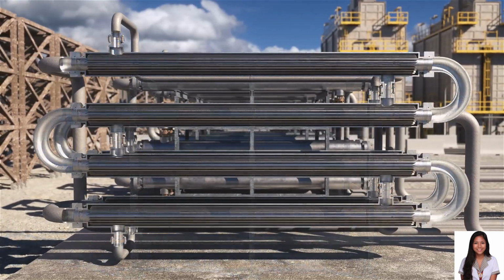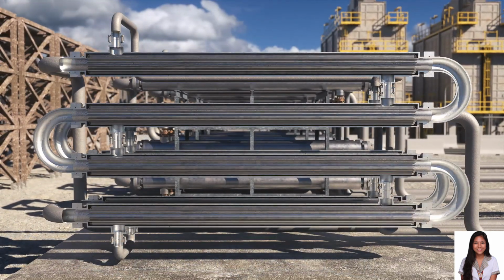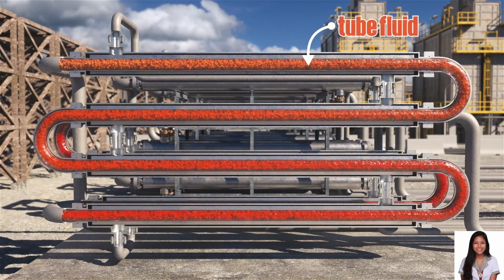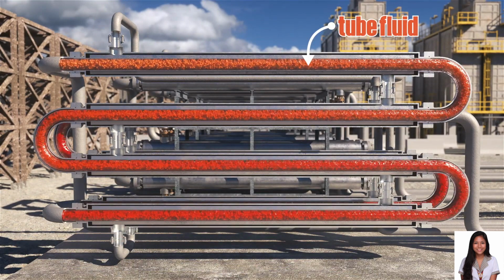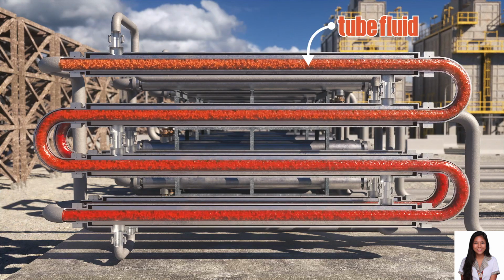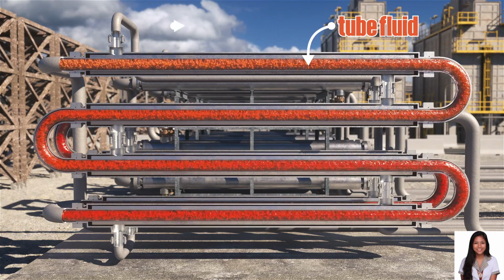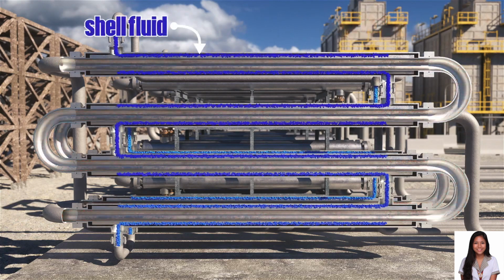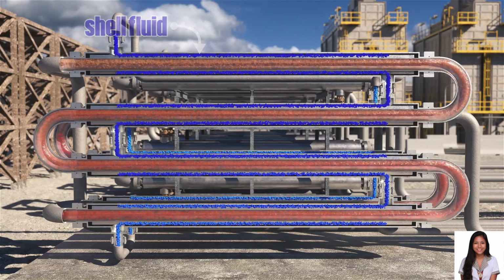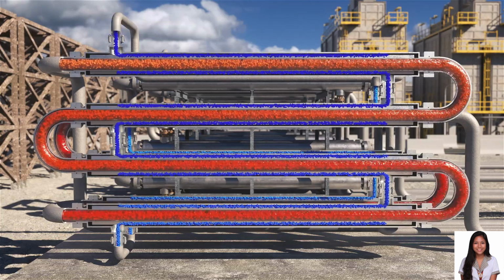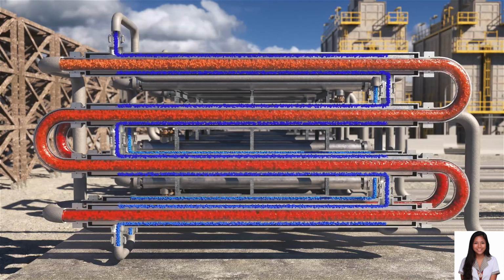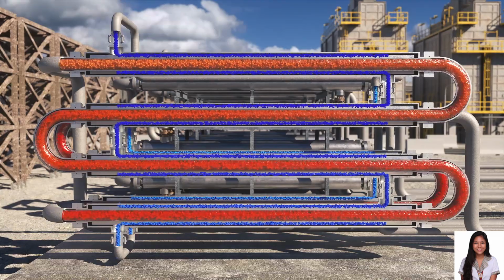Because this process takes place over the entire length of the exchanger, the temperature of the fluids as they flow through the exchanger is not generally constant but varies over the entire length. The rate of heat transfer varies along the length of the exchanger tubes because its value depends upon the temperature differences between the hot and the cold fluids.